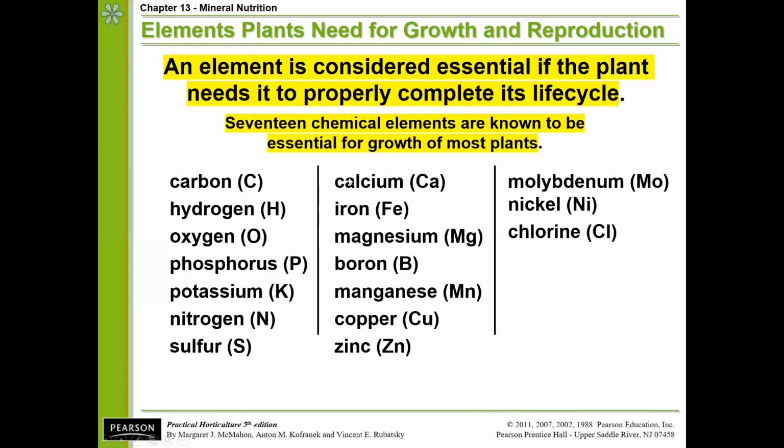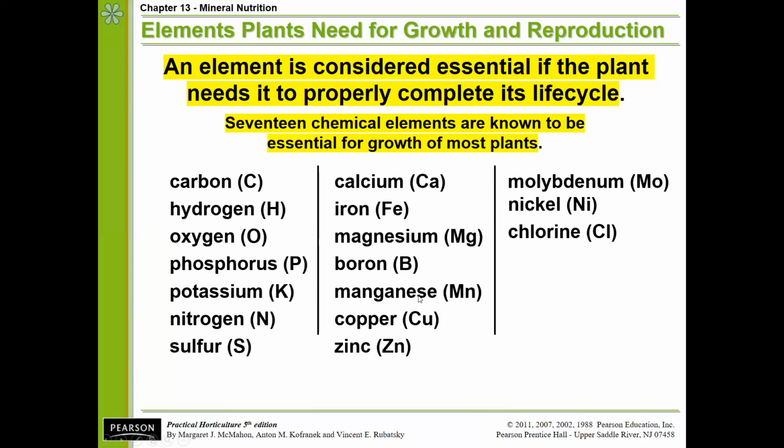We have major micronutrients as well. So these micronutrients are needed in larger amounts: calcium, Ca, iron, Fe, magnesium, Mg, boron, B, manganese, Mn, copper, Cu, and zinc, Zn.